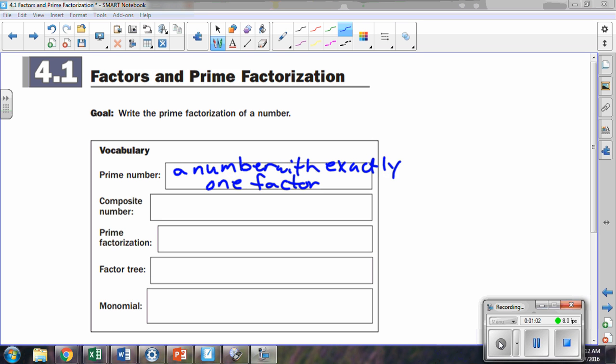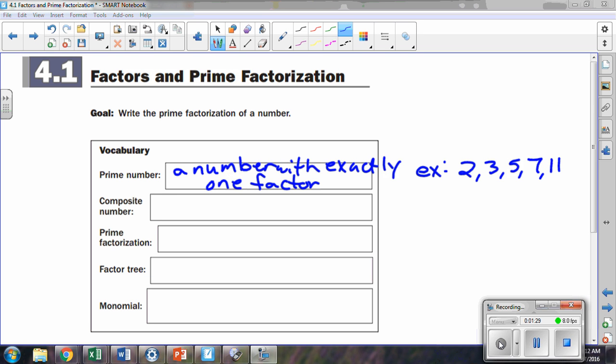That is, you can't break it up with multiplication using any kind of a whole number. The first prime numbers you should probably have memorized: 2, 3, 5, 7, 11, 13, 17, 19, 23, 29, 31, so on and so forth.